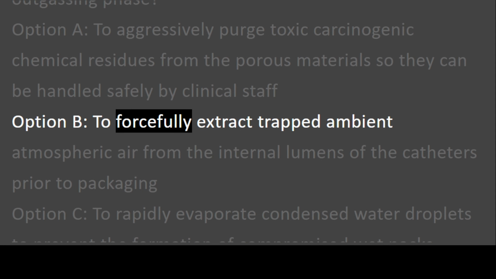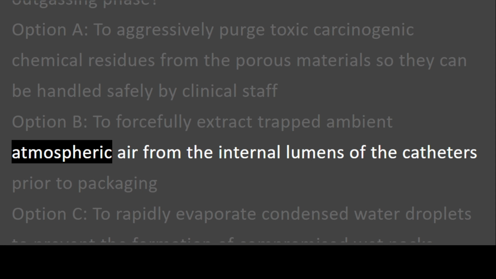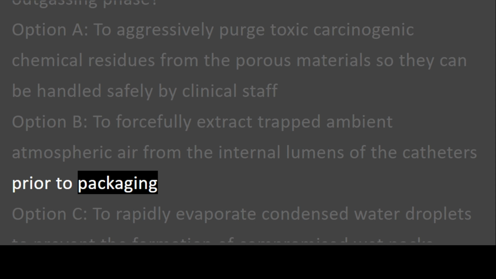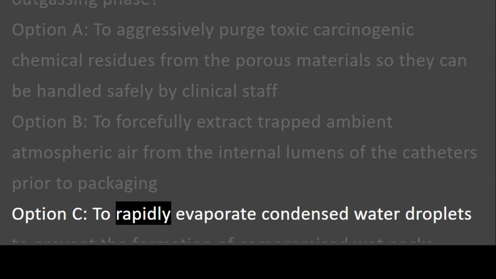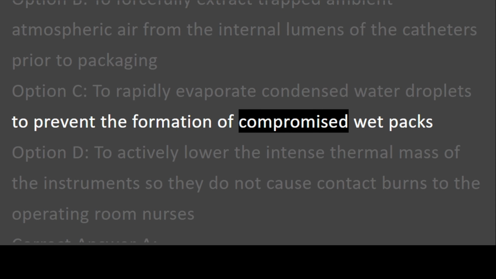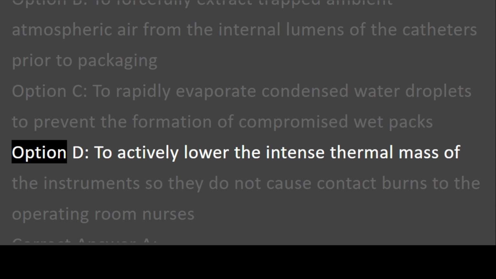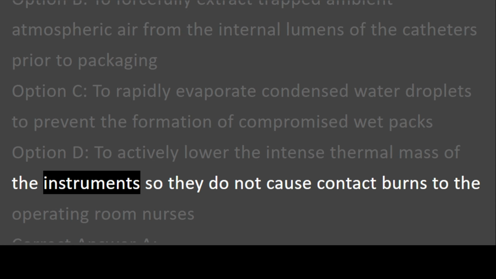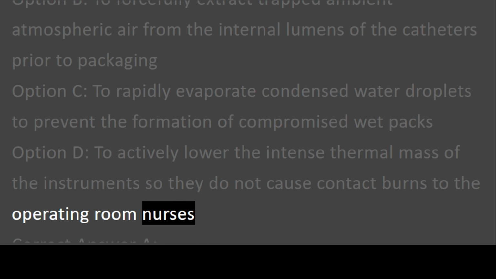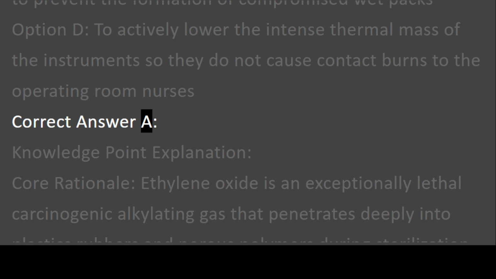Option B, to forcefully extract trapped ambient atmospheric air from the internal lumens of the catheters prior to packaging. Option C, to rapidly evaporate condensed water droplets to prevent the formation of compromised wet packs. Option D, to actively lower the intense thermal mass of the instruments so they do not cause contact burns to the operating room nurses. Correct answer A.